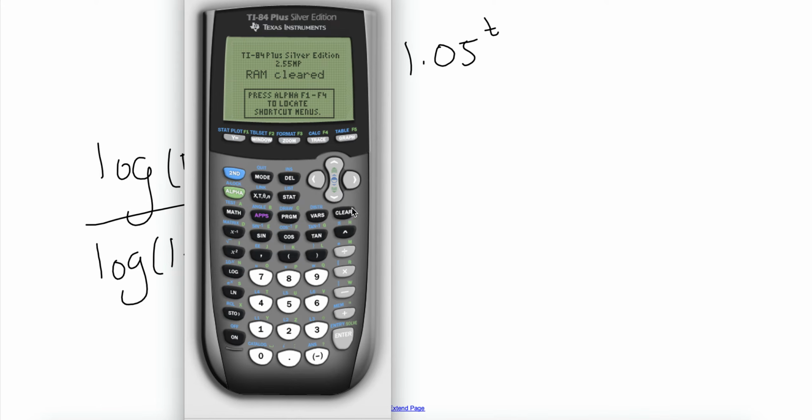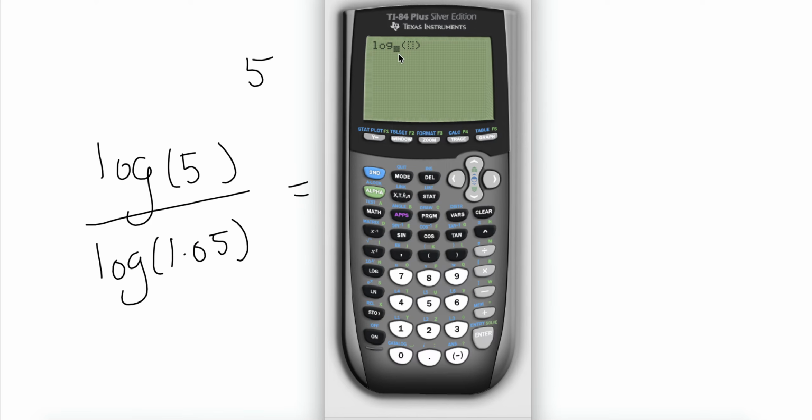So in the calculator, this is log over here. So there is a log to the base here, but you don't want a log to the base. Even in the normal scientific calculator, you don't want this situation. You could, in this situation, substitute 1.05 here and then 5 in there.